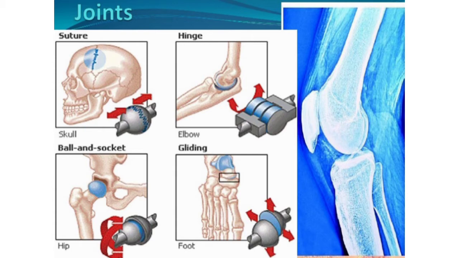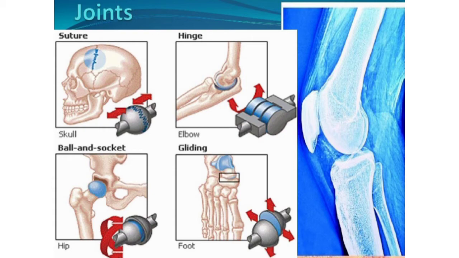How many kinds of movable joints have we learned today? Ball and socket joint and gliding joint. What are the different kinds of movable joints?